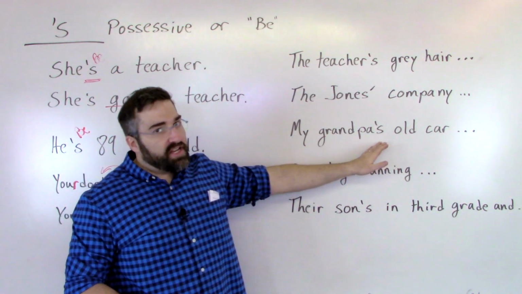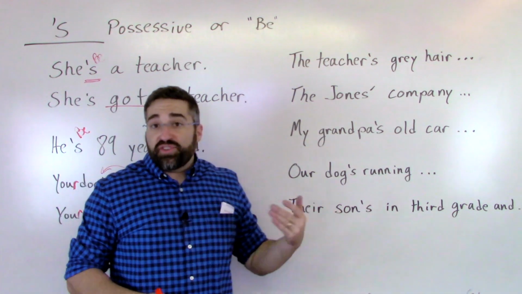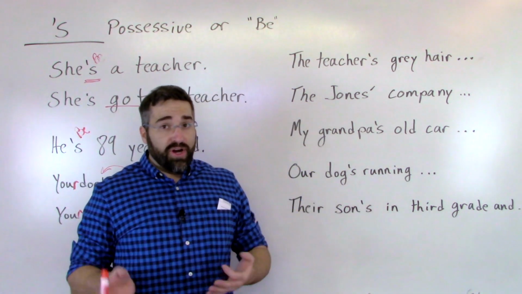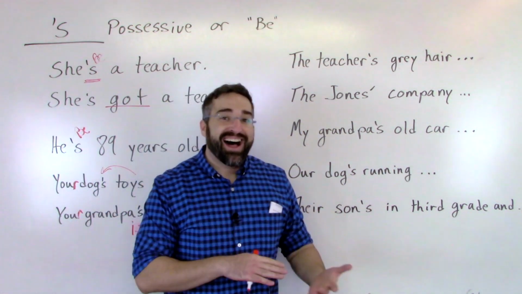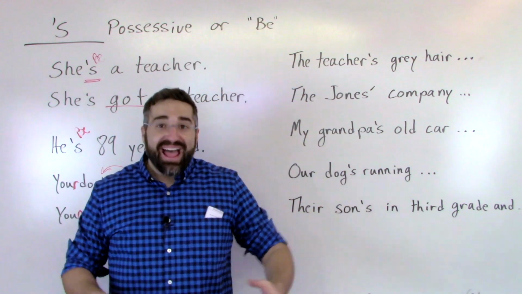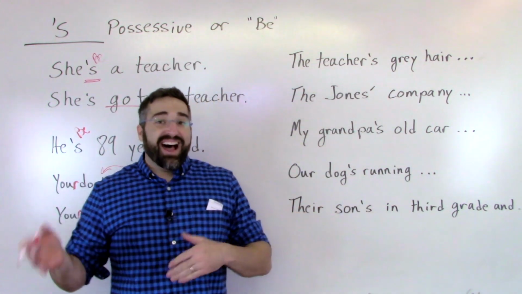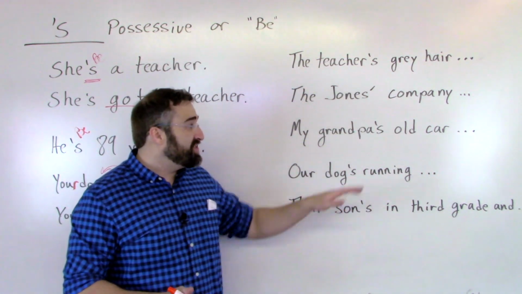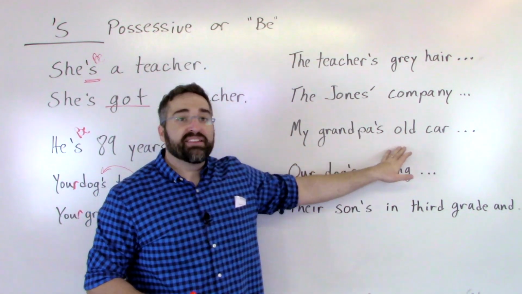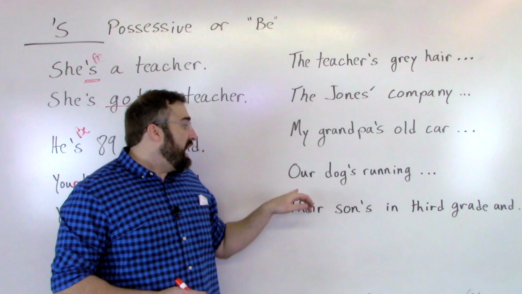Very easy to understand here. Is your grandpa an old car? No, your grandpa is not an old car. He probably has an old car, but he is not an old car. So we understand that we're saying has. Your grandpa has an old car.